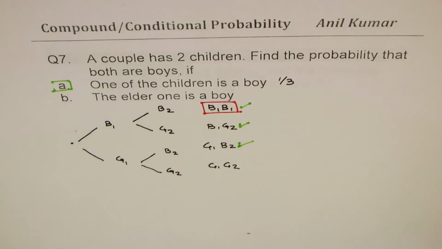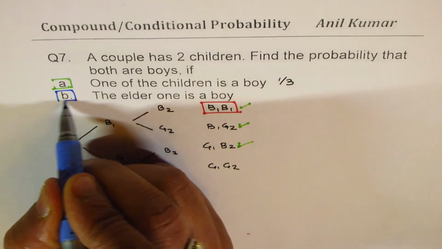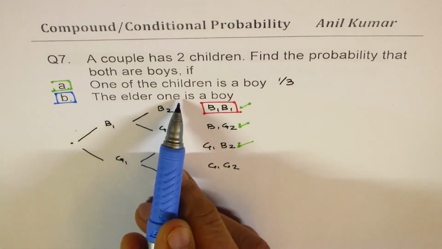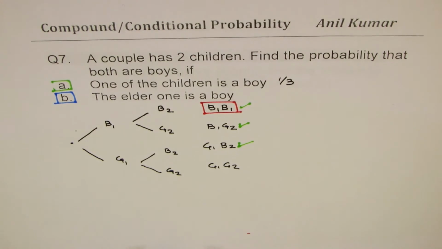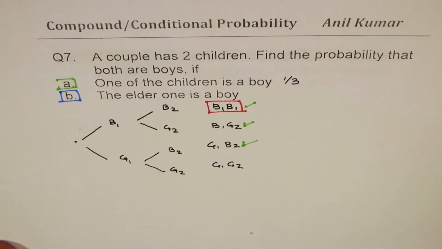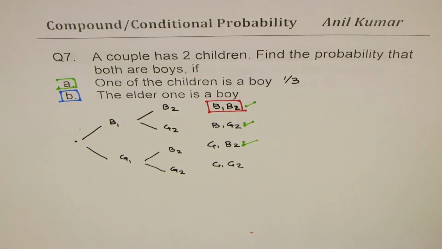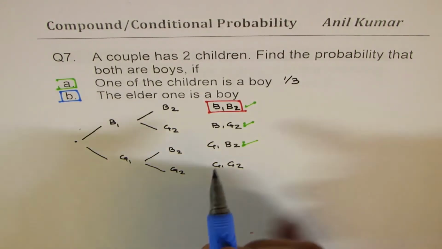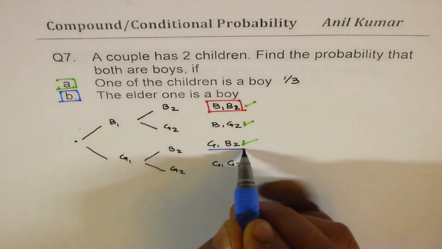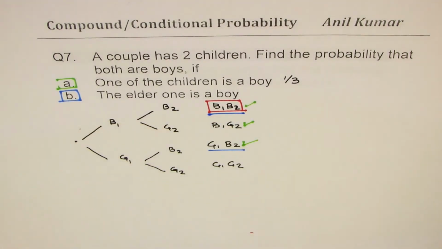Now the second case, let me use a different color to explain it. In the second case, we are looking for the elder one being a boy. The elder one means, well, I should have written B2 here. So for that elder one to be a boy, we have two options. One is this and the other one is right there.